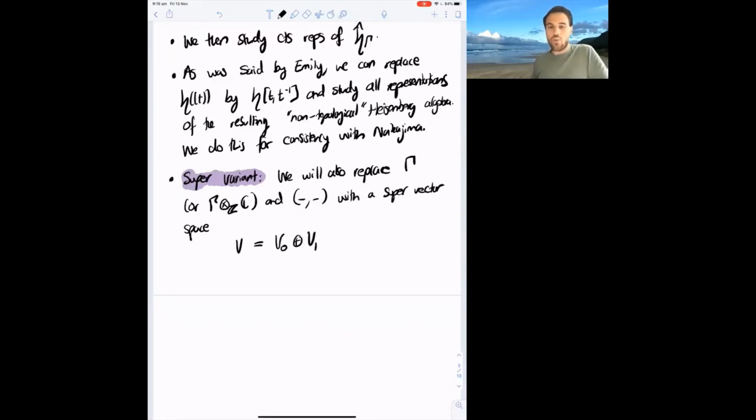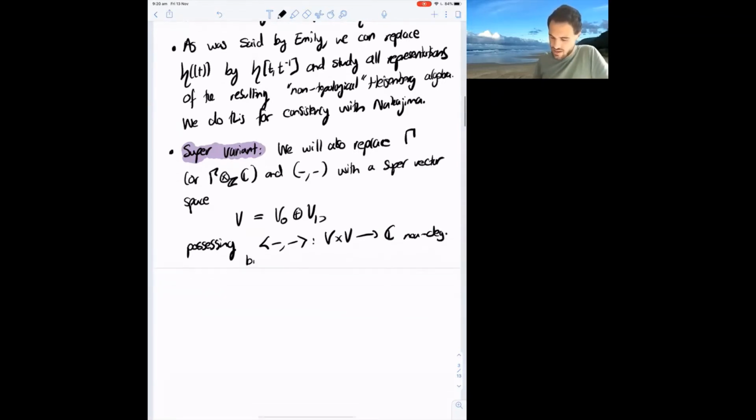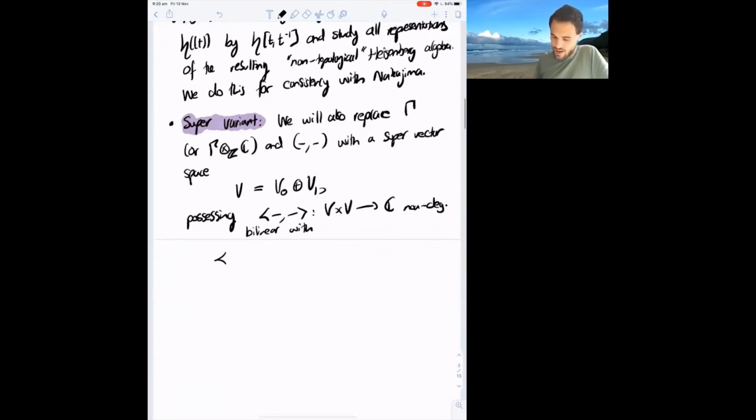And we're going to assume that it possesses a non-degenerate bilinear form like this. So it's non-degenerate, but it also has to incorporate the superstructure. So it's not symmetric, it's supersymmetric. If you want to change the order, you have to incorporate the parity of the things that you're pairing.